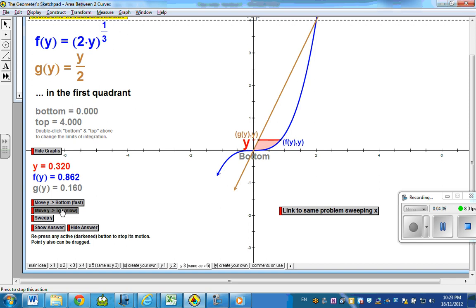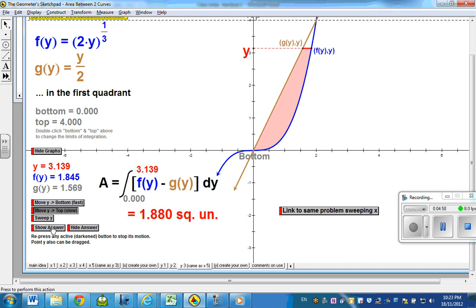If we choose horizontal elements, the x coordinate of the curve to the right is the cubic function, x equals 2y to the power of 1/3, and a straight line. We'll have to find the limits by setting f of y equal g of y, and the total answer is 2 square units.